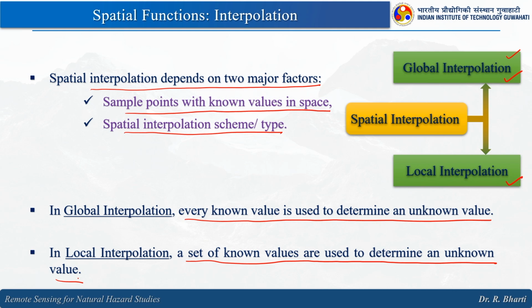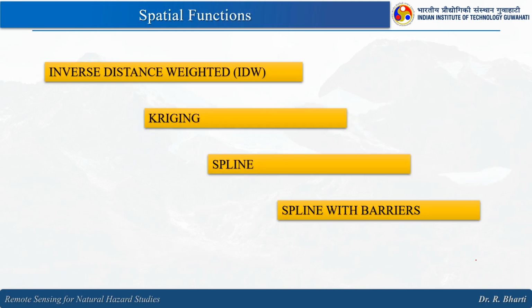Which one will be a more true representation, or give a more precise value? That will be local interpolation. But when the size of your area is quite large and the values are varying in space, then global interpolation can also be used.